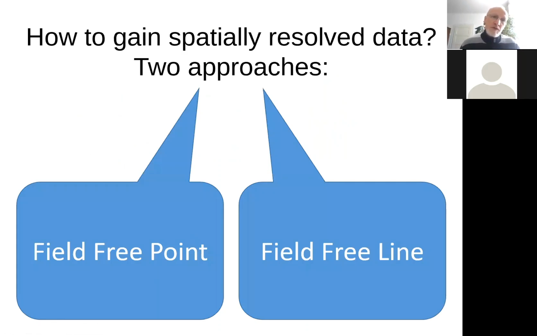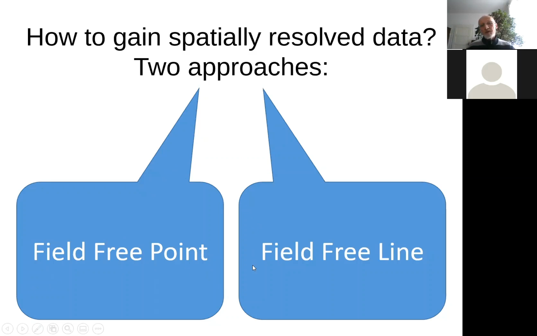So the second problem I mentioned was how to gain spatially resolved data. There are two approaches. One uses the field-free point method. This is what I outlined before, that there's a gradient field and only in one point the field is zero.